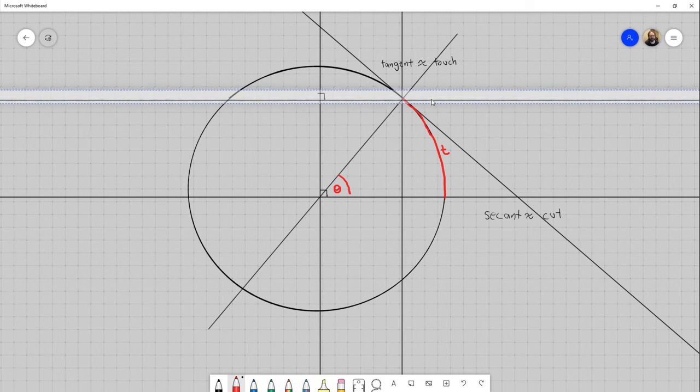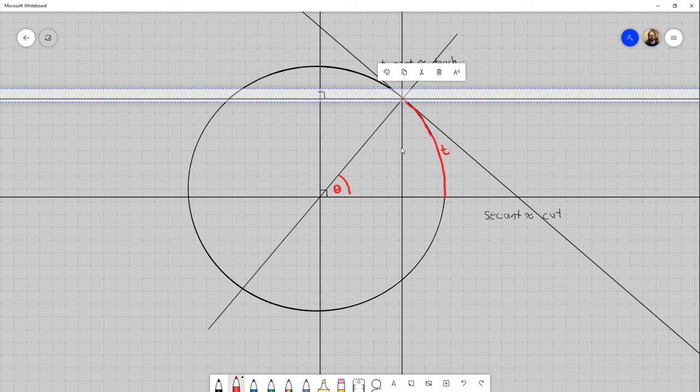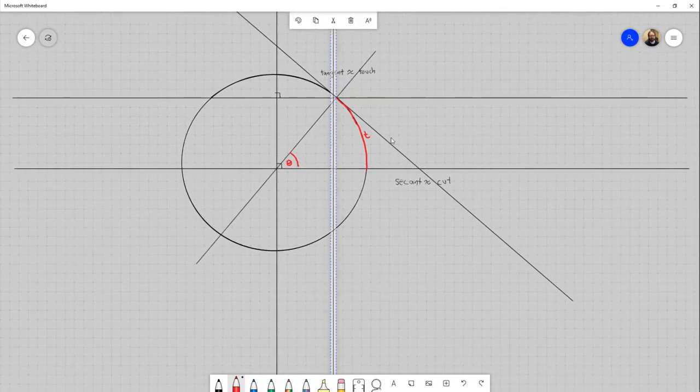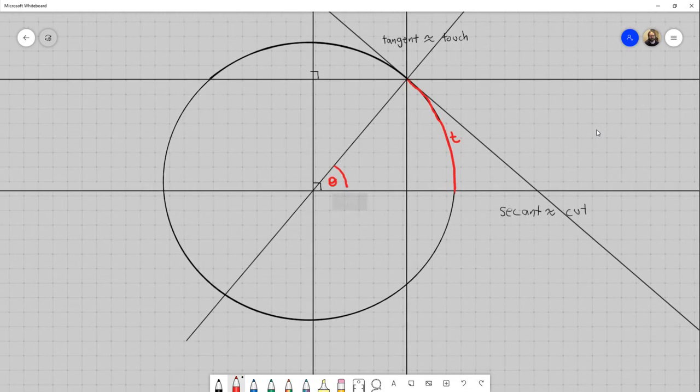All right, so we've got an arc length T identified as well as an angle theta. Now remember, our circle had radius 1. So this length right here, now we're going to start to get really messy, this length right here is 1.